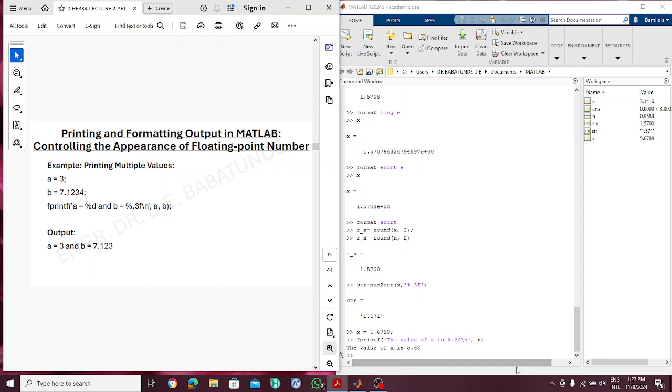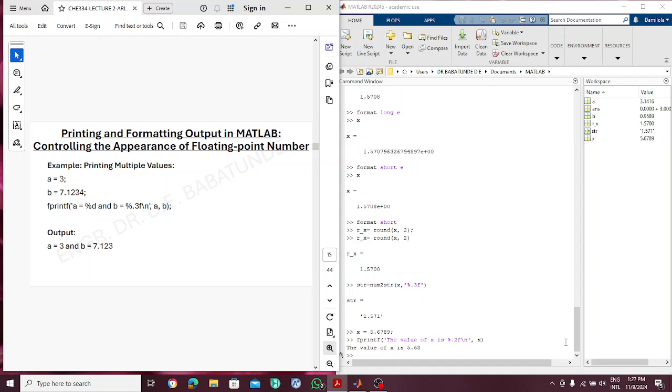So let's say we want to print the value of a and the value of b. In this case, a is an integer and b is a floating number that we want to be 3 decimal places. We can also do that.